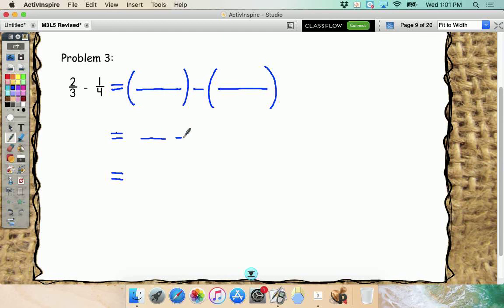Okay, common denominator for 3 and 4, class. Wow. Didn't we just do a problem like this? Yeah. Okay, you want to finish this one on your own and check it with mine? Yep. Okay, go ahead.